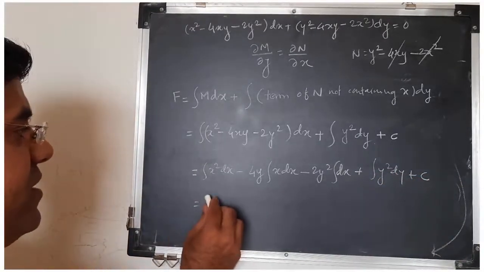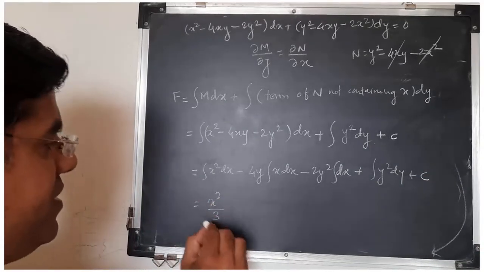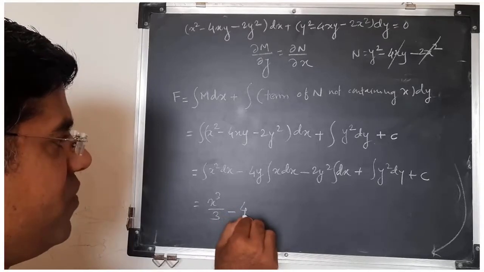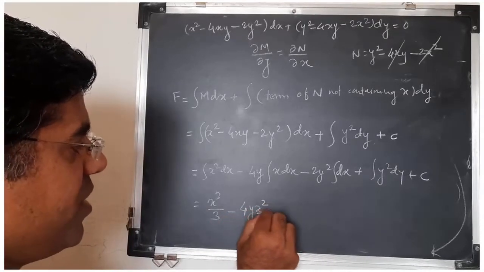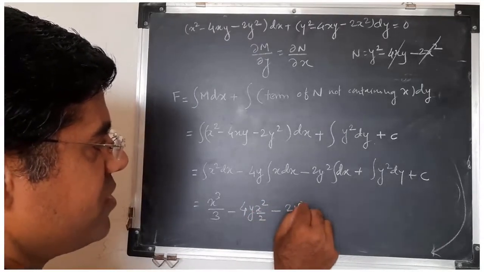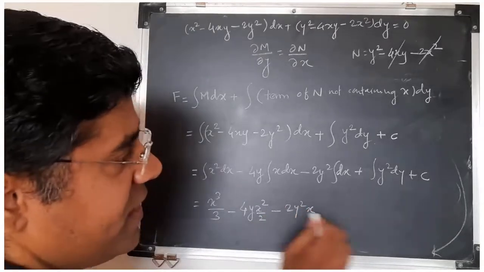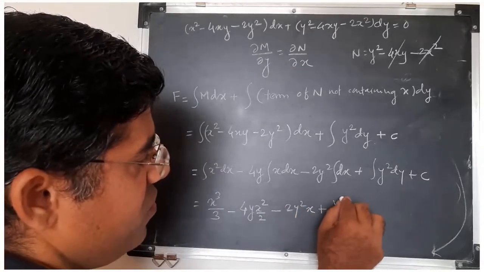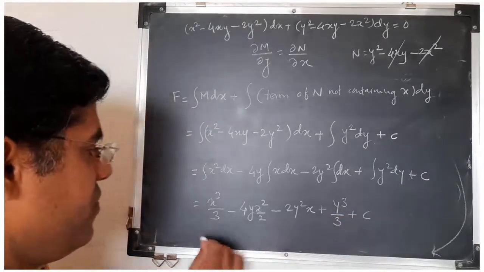You will get x cube divided by 3, minus 4y times x square by 2, minus 2y square times x, plus y cube divided by 3, plus the constant.